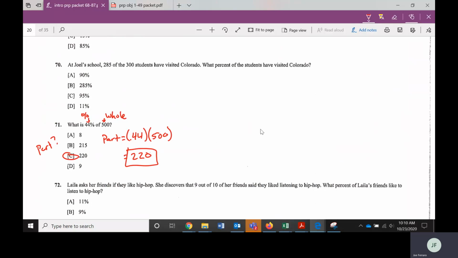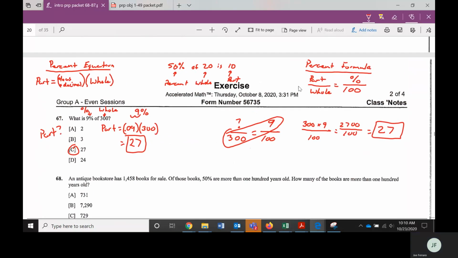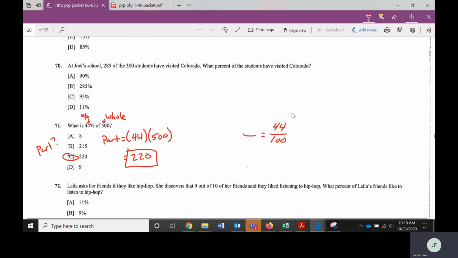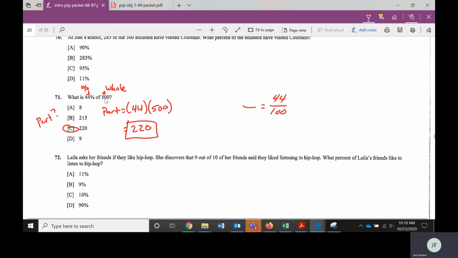Or, if you like this way better, the percent formula, you start it like this. The percent's 44. That goes on top. Then remember, the part goes on top here, the whole goes on the bottom here. So 500 comes after the word of. That means it represents a whole. It goes there, and we are looking for the part.